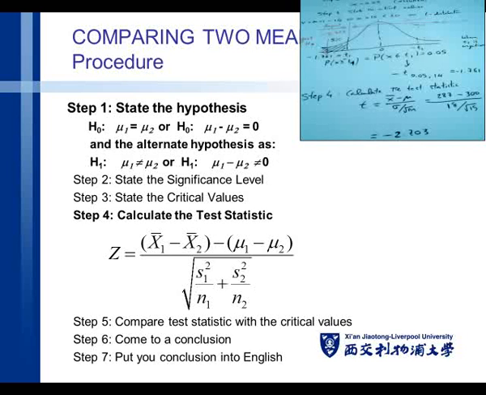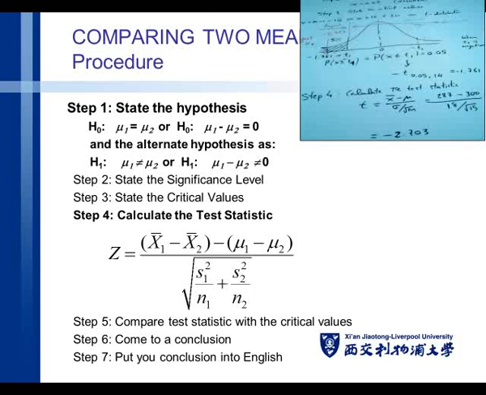Then you set your significance level the same way. If it is a big sample, look into the standard normal distribution. If it is a small sample, get your critical values from the t-distribution. And then you calculate the test statistic, which is just the difference in averages minus what your hypothesis says about the difference in averages, which is 0, divided by the standard error, which is the variance of the first sample divided by the first sample size, plus the variance of the second sample divided by the second sample size.